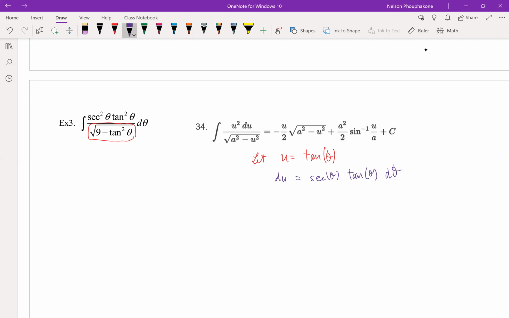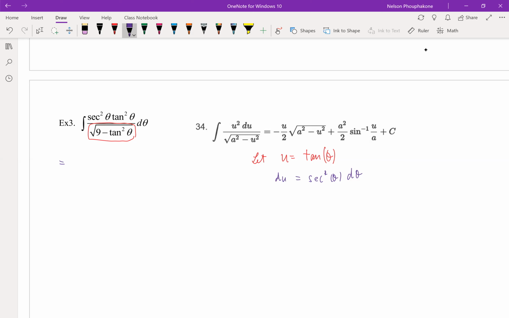Okay, so now let's check this out. How do we actually work out this problem now? Ooh, wow, I cannot take the derivative, huh? So the derivative of tangent theta will be secant square theta d theta. Okay, so let's see how we actually work out the substitution.